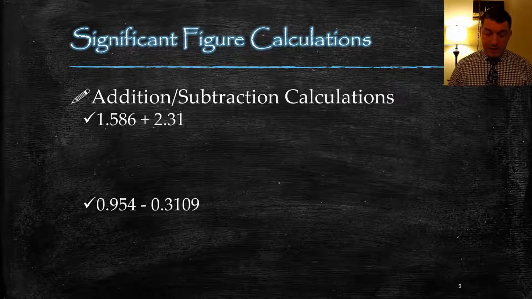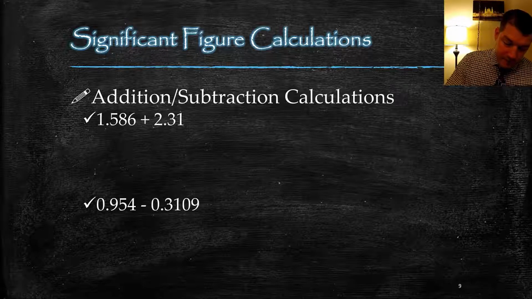We're going to add 1.586 and 2.31. So again, we're going to look at the place value of the smallest significant figure. The significant figure furthest to the right is in the thousandths place.